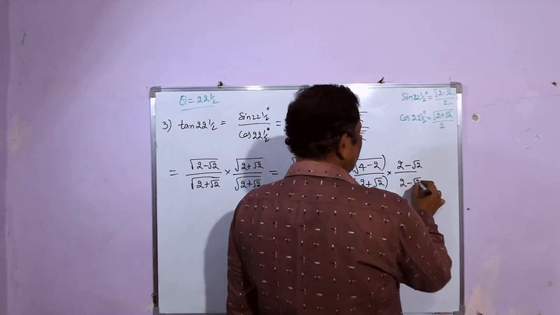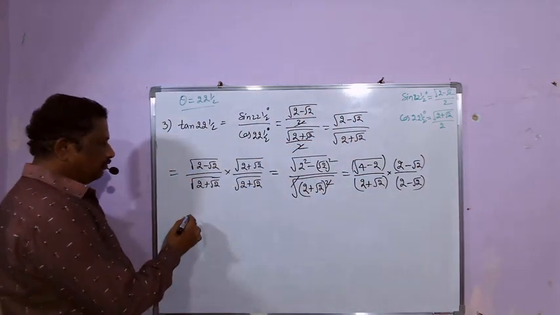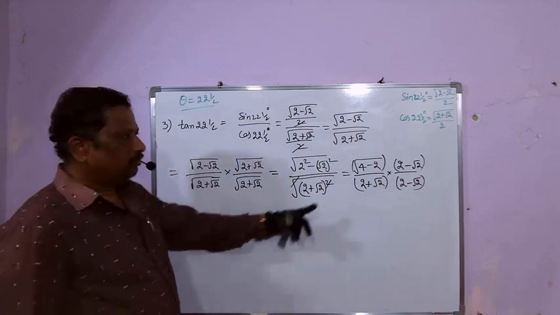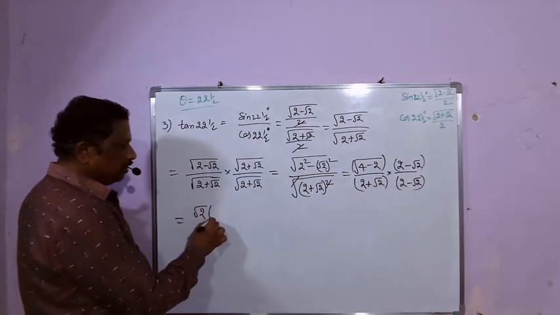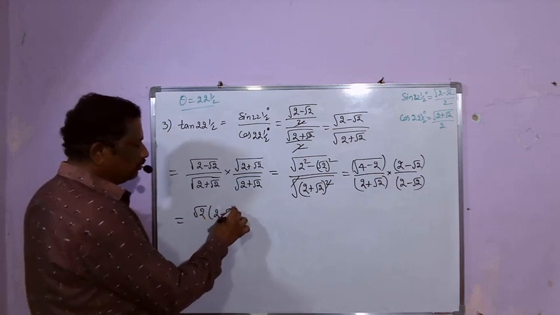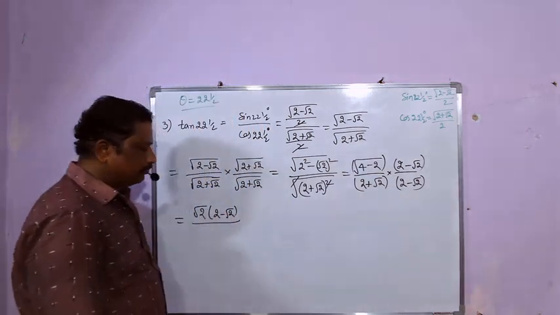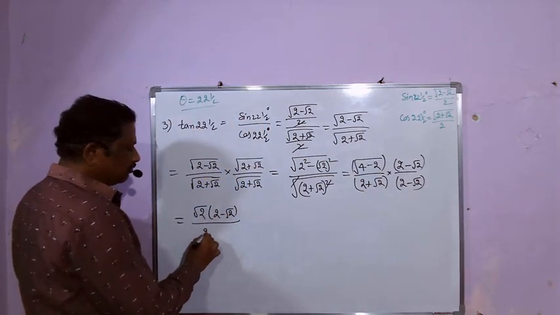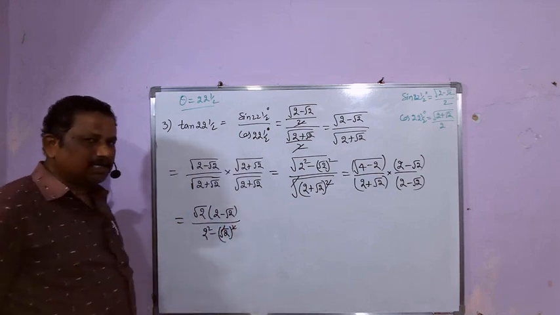Multiply numerator and denominator with 2 minus root 2. So what will you get here? 4 minus 2 means this will become root 2 into 2 minus root 2, divided by a plus b into a minus b, so that is a square minus b square. Root 2 squared gets cancelled.